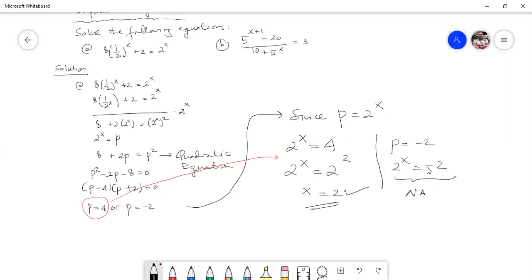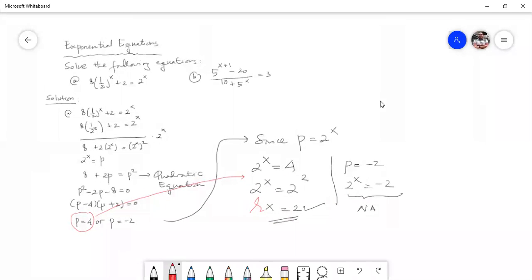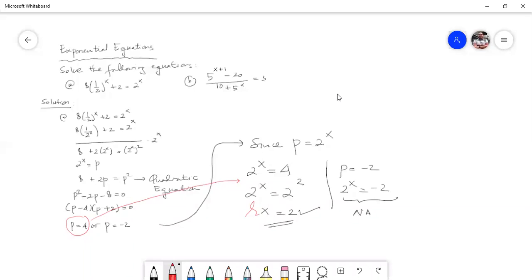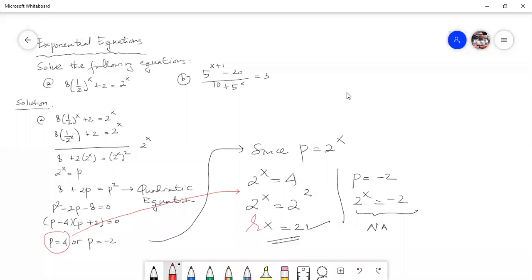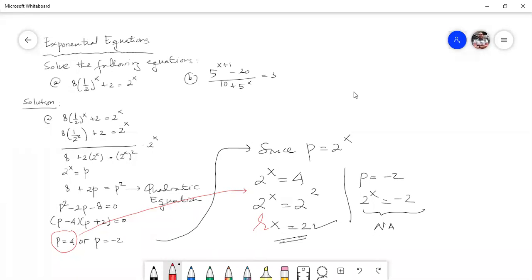So the only answer we have is when x equals 2. That's for the first question. Is that difficult? I think not really.